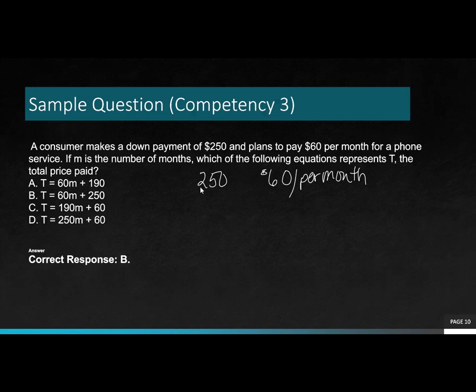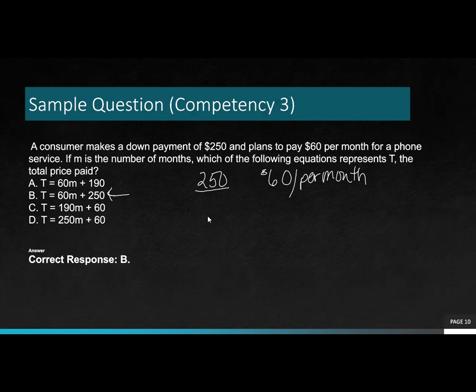So at this point, if I stop and think about it, I'm only going to pay the $250 one time. So if I look at the formulas or the functions that they've come up with, only one of them has the $250 showing up one time, not being multiplied by any other number or letter.